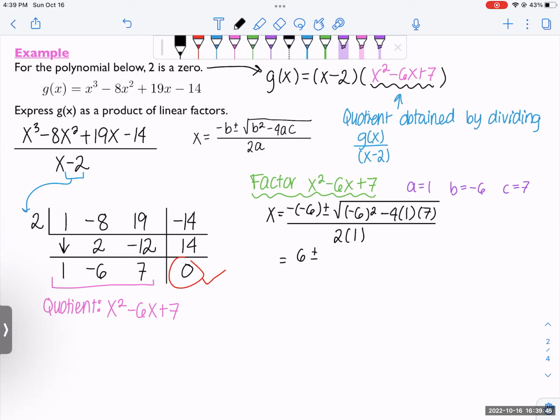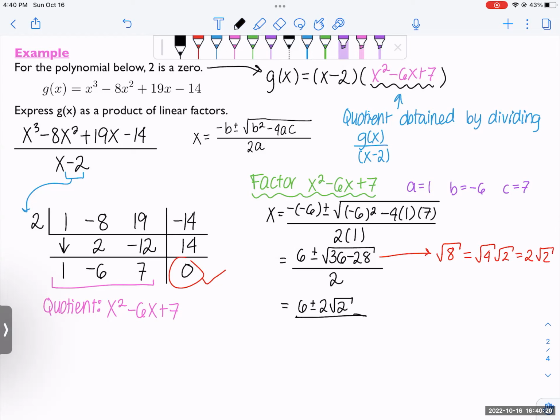6 plus or minus the square root of 36 minus 28, all over 2. The square root of 36 minus 28 is going to be the square root of 8. And the square root of 8 simplifies down to the square root of 4 times the square root of 2, i.e. 2 square root of 2. So we get 6 plus or minus 2 square root 2 all over 2.